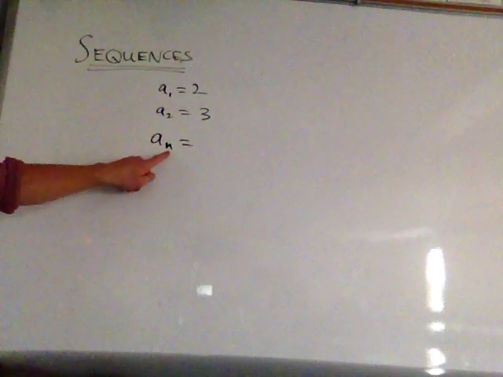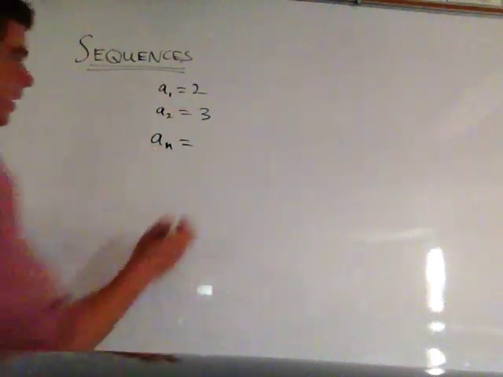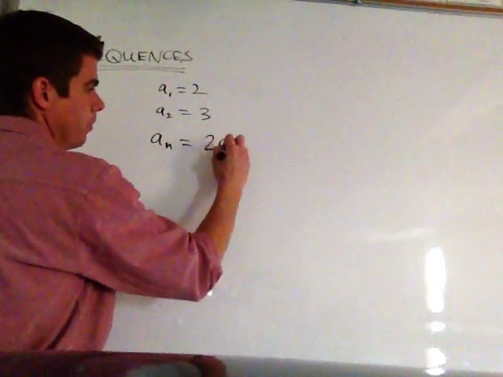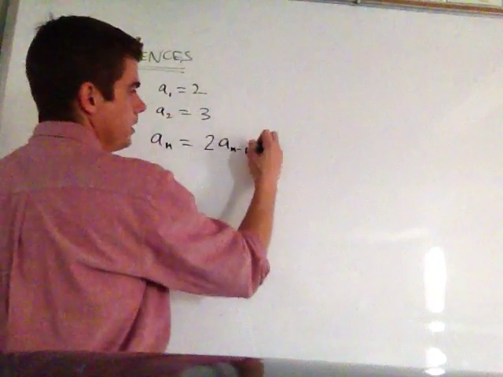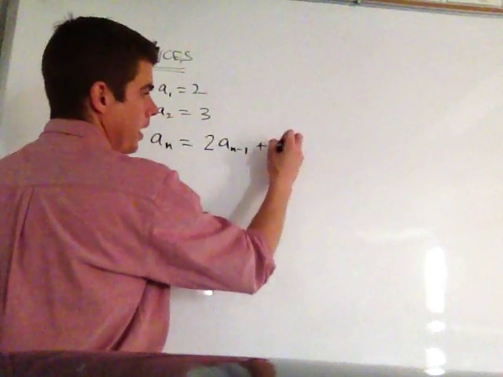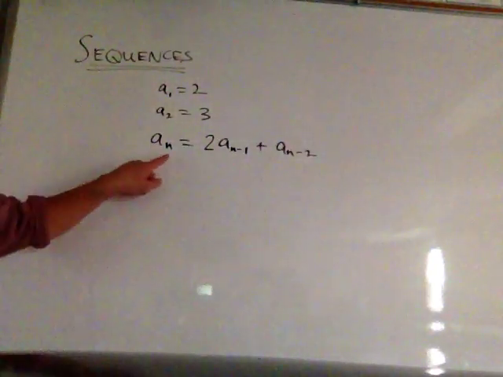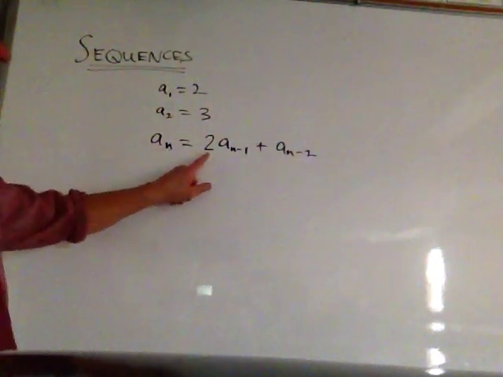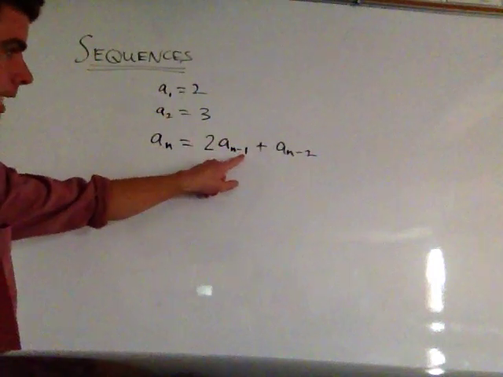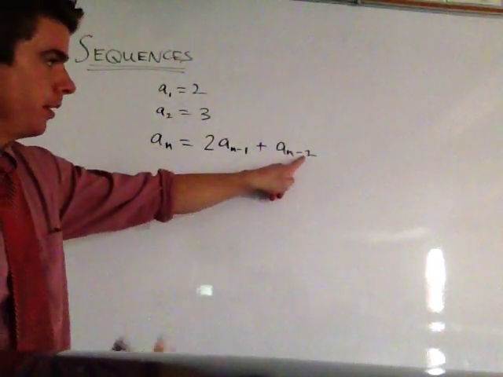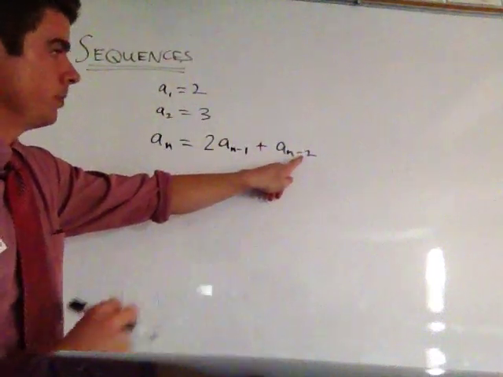Maybe any nth term is defined by 2 times a sub n minus 1 plus a sub n minus 2. In other words, if I'm looking for the nth term, I'm going to take 2 times the term that came right before it, and add it to the term that was 2 terms before it.